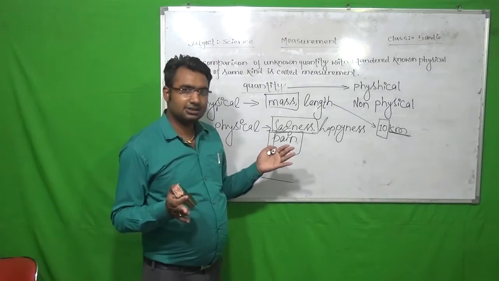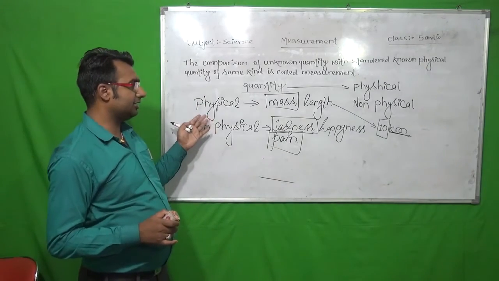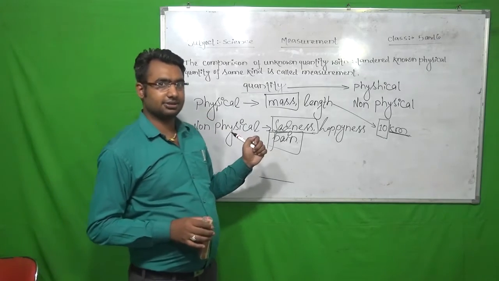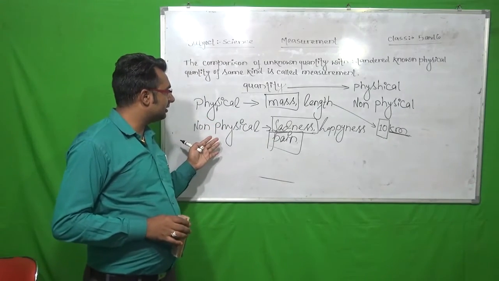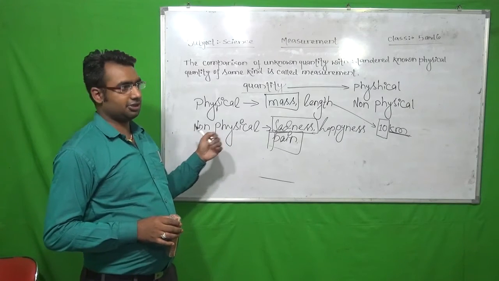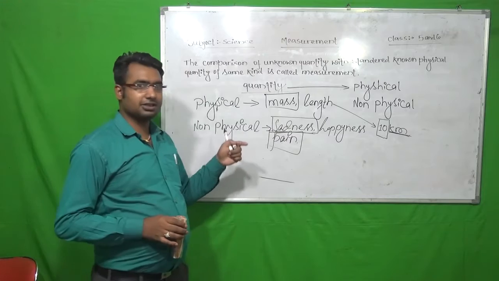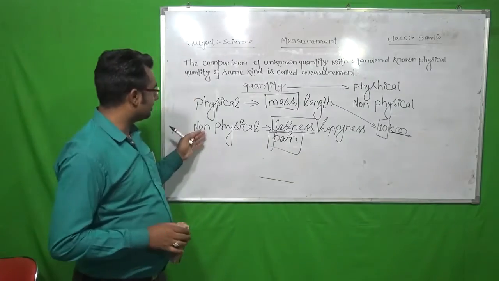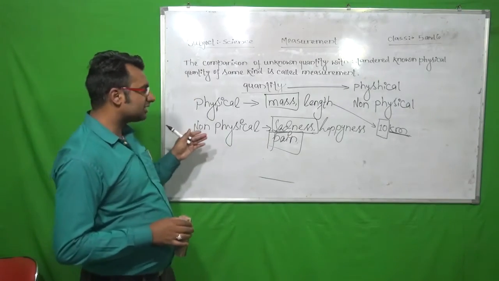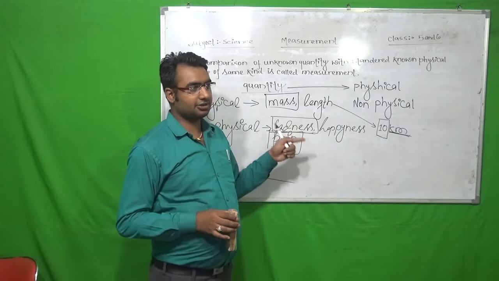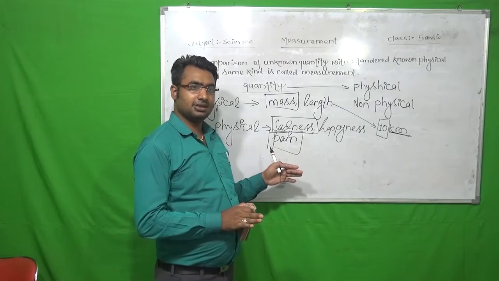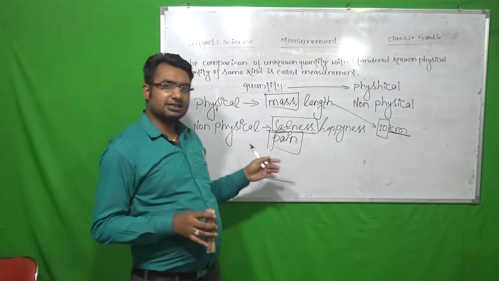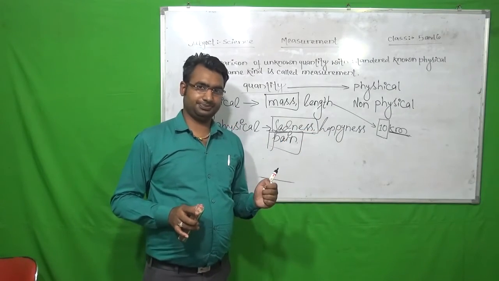Very simple: physical quantity is a measurable quantity, which can be expressed in terms of number. Physical quantity can be measured by some special formula, by instruments, by devices. Non-physical quantity is a non-measurable quantity; it cannot be exactly measured by any instrument or device. Understand? It also cannot be expressed in terms of number.